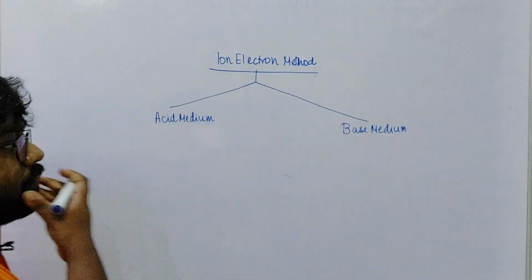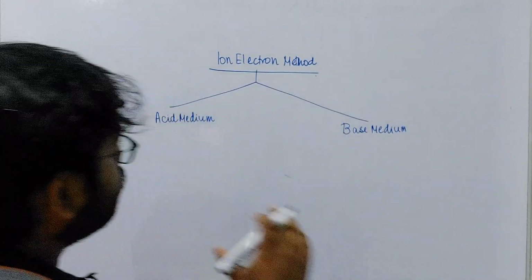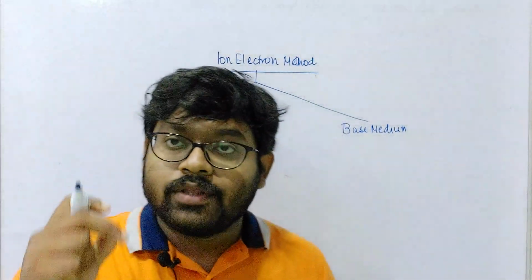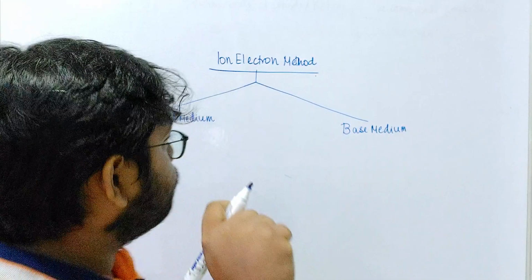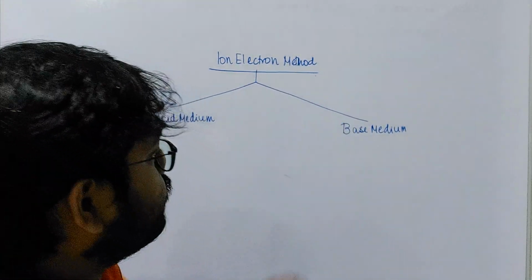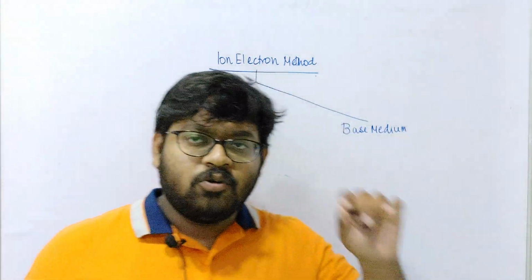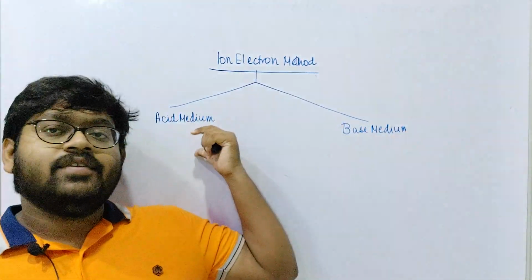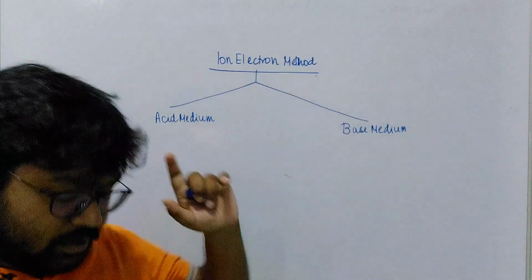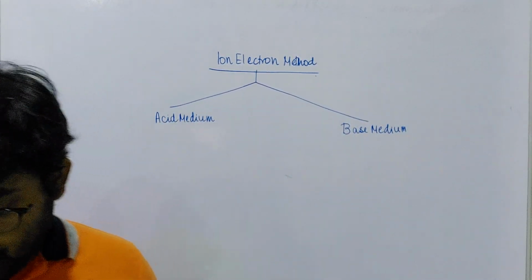First we will do how to balance a chemical reaction using the ion electron method in acid medium. Then later on we are going to discuss base medium. Base medium is very easy, no issue with that, but acid medium is a little bit complicated, but actually it is not complicated. I can show you that.